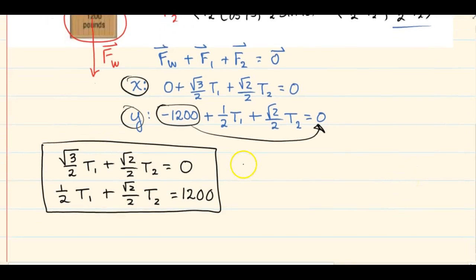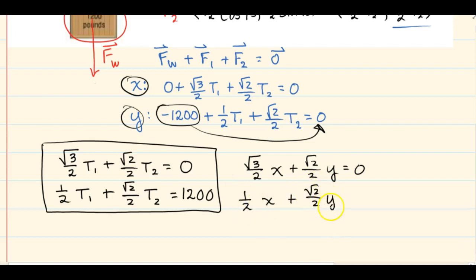So I'm going to change these into x's and y's so that it looks familiar to you. So square root of 3 over 2 x plus the square root of 2 over 2 y is equal to 0. I'm going to do the same thing over here. I'm going to have 1/2 x plus the square root of 2 over 2 y is equal to 1,200.